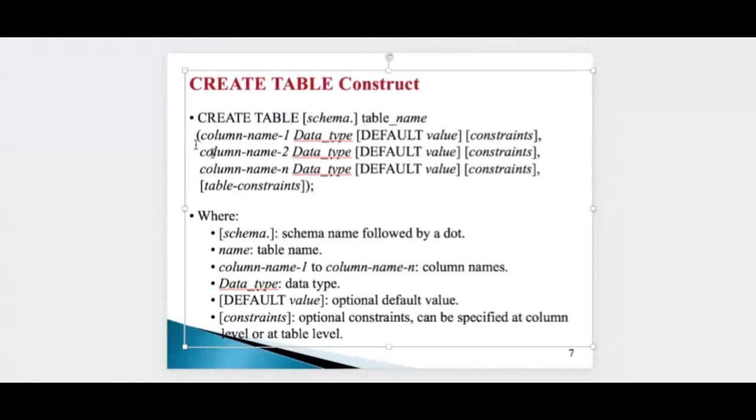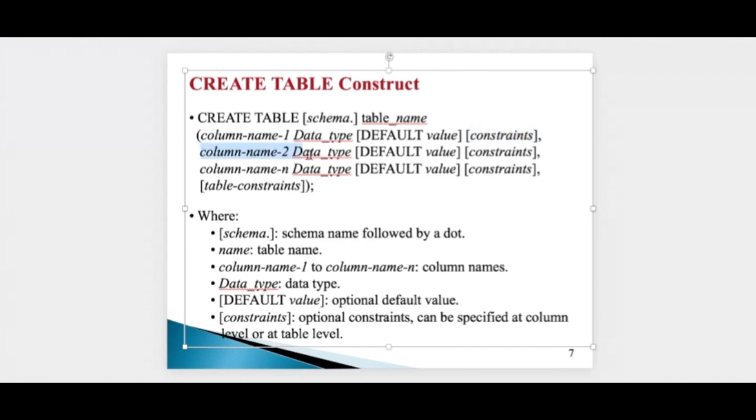After that, you write the first column name, and its data type. If you want to write some default values of this column, then you write it in square brackets. As you know that the square brackets are optional, you may give these values or you may skip them. Similarly, for the first column, if there are some constraints you want to apply, you can write here, or you can also skip it.